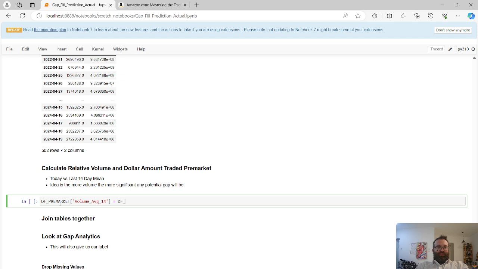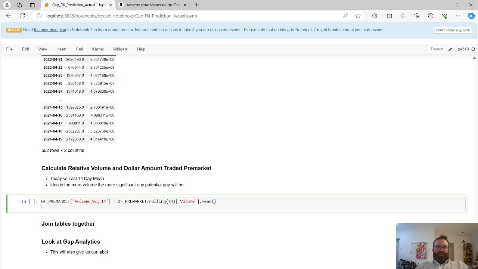We'll do df pre-market dot rolling 14 volume dot mean. And for dollar amount, we'll do the same thing: pre-market dollar amount average 14 equals df pre-market dot rolling 14 dollar amount dot mean.